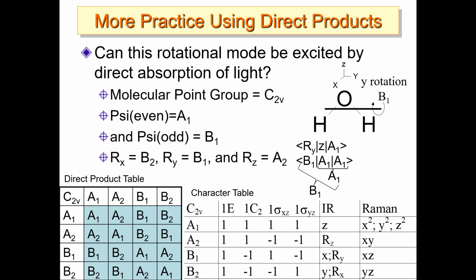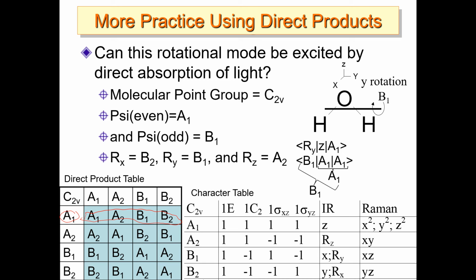Notice that this is a trend that you can recognize. Any of these rows, A1, A2, B1, and B2, times A1 here, notice how all of these match. So essentially anything times A1, you get that back. Because A1 is symmetric, it's like anything times plus 1 is that thing.